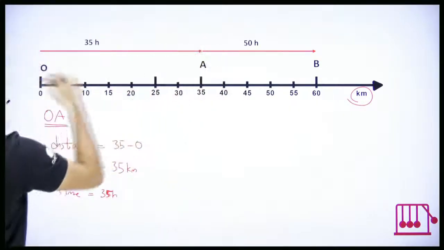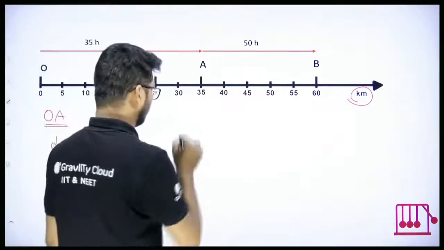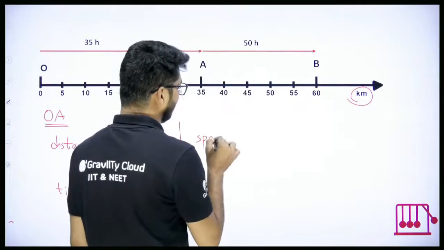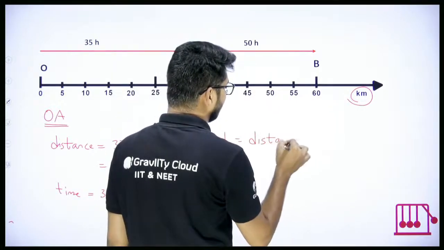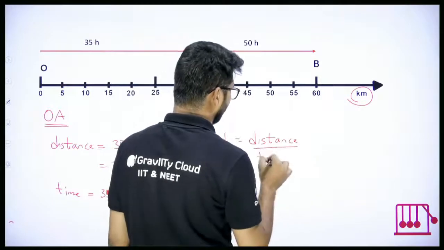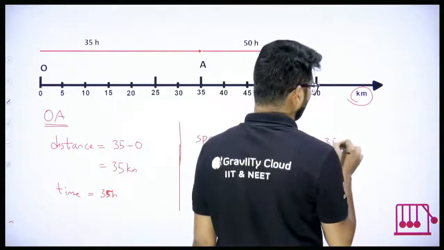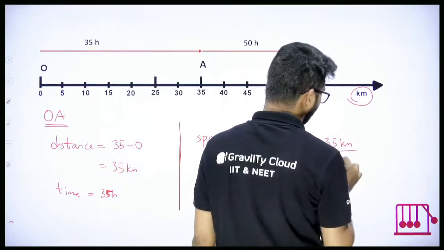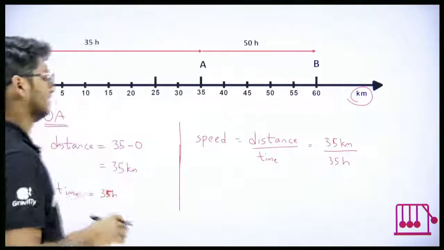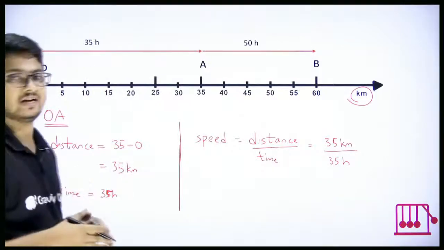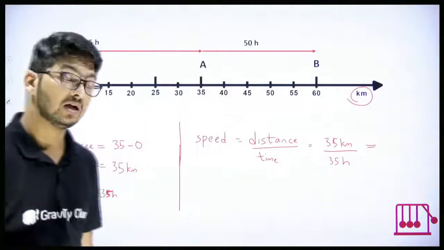That's wonderful. Now you have distance, you have time. We have to calculate speed. What is speed equal to? Speed is equal to distance by time. So what is distance here? Distance is 35 kilometers. What is time here? 35 hours. 35, 35. Can you cancel them?